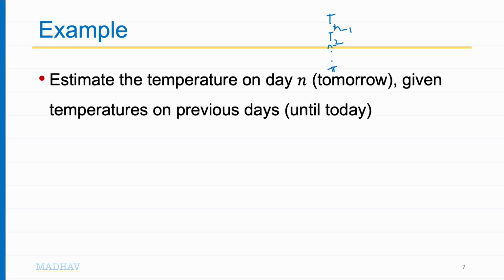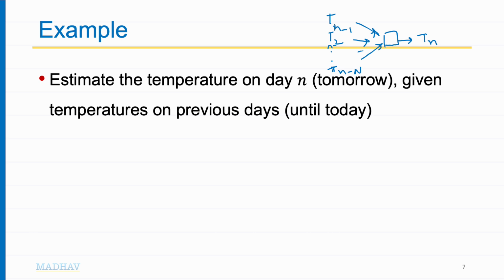Take all this, put it in a neural network, and predict Tn. Take all the past 10 days, let's say, or past 20 days, 2 o'clock temperature, and feed it into your neural network and give as output Tn. This could be one model, right?